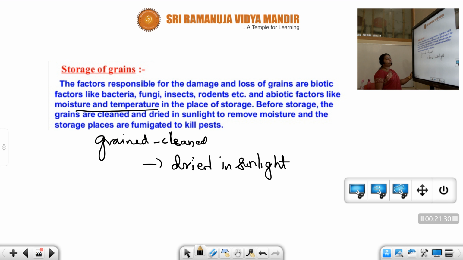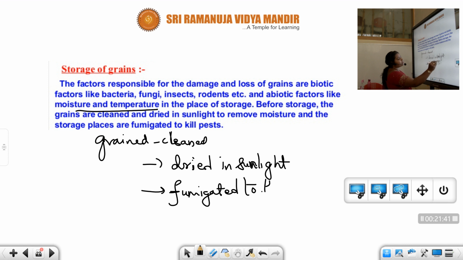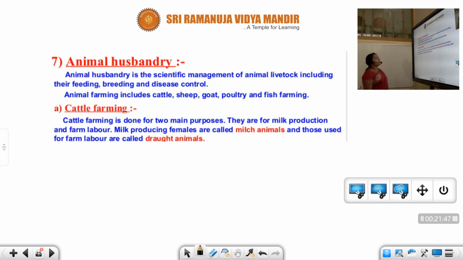And the storage places are fumigated to kill the pests. Understand? This is about the storage.